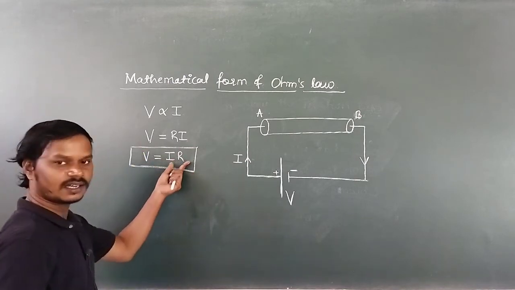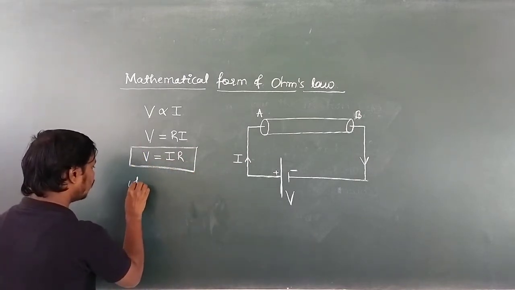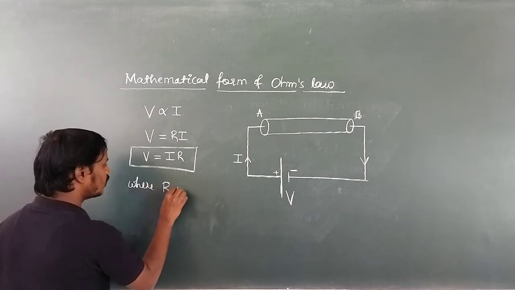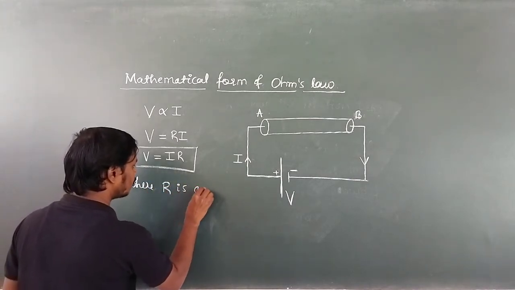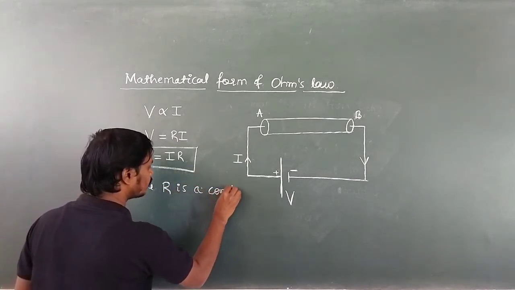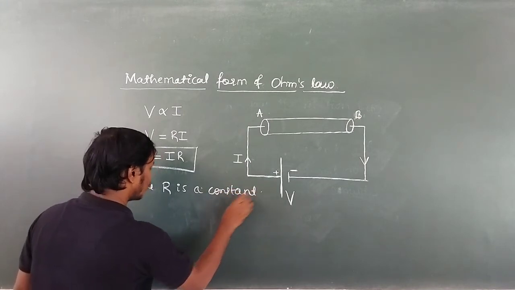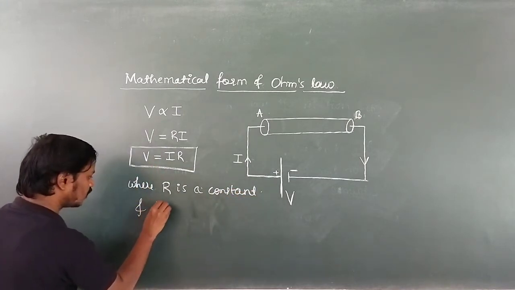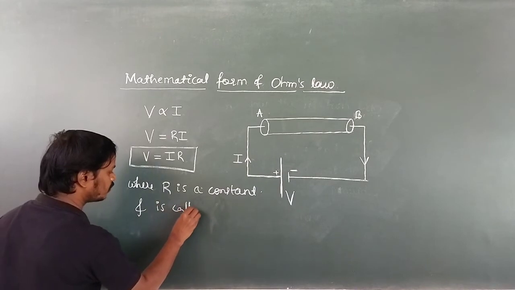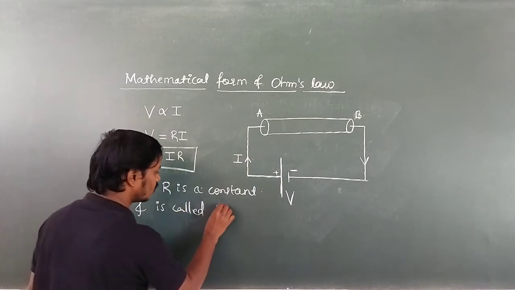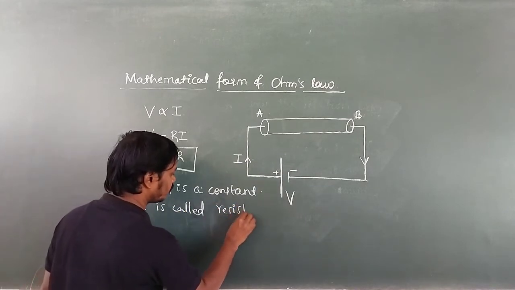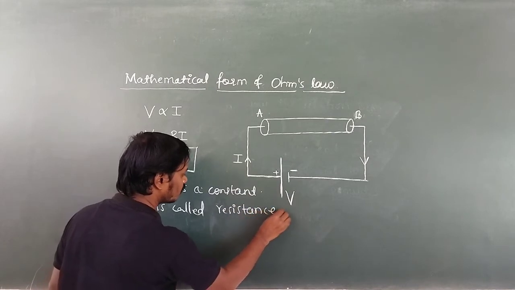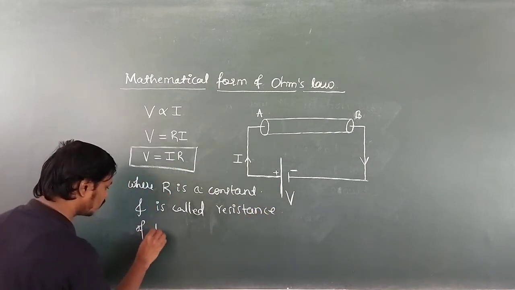Then what is R? Where R is a constant and is called the resistance of the conductor.